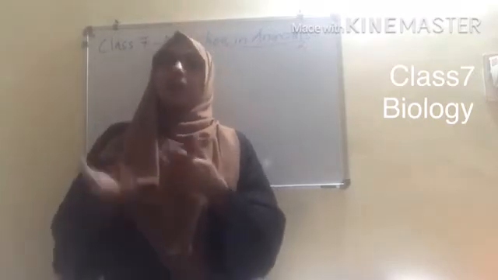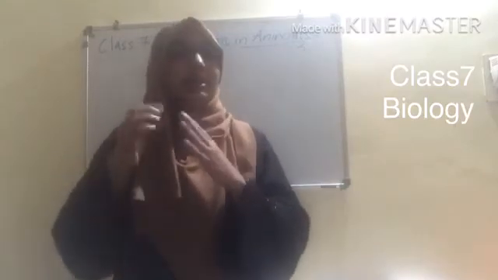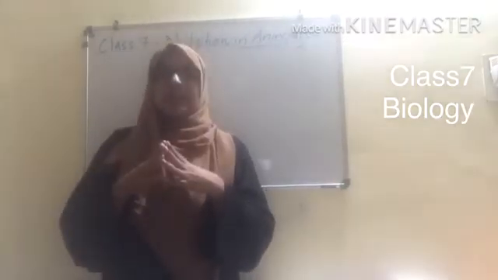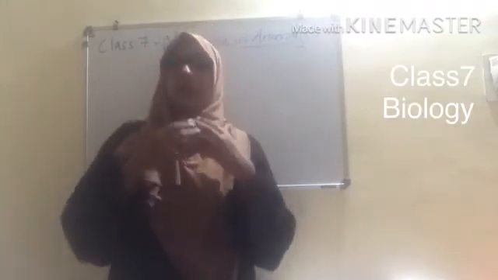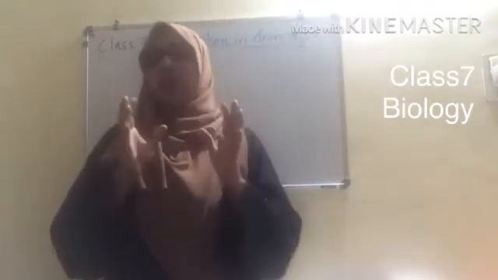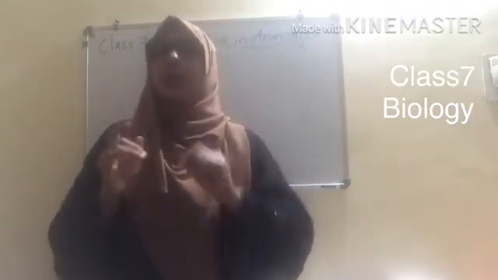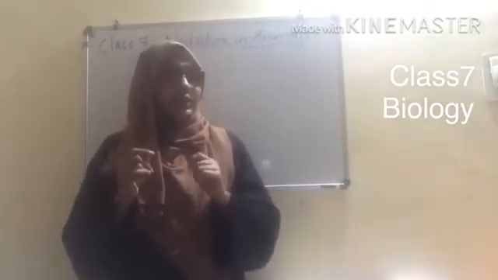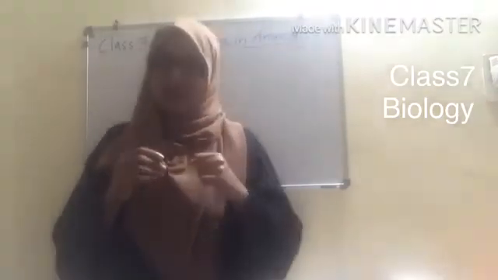Okay. So coming back to our chapter, in the last class, we discussed the complete digestion that had happened in the buccal cavity. Then the food had passed to the food pipe or the esophagus. And also one term we discussed, a new term. What was that? Yes, it was peristalsis.